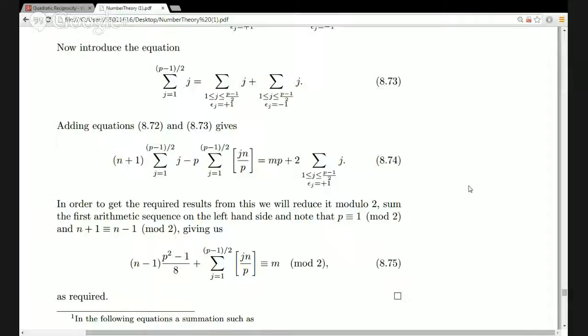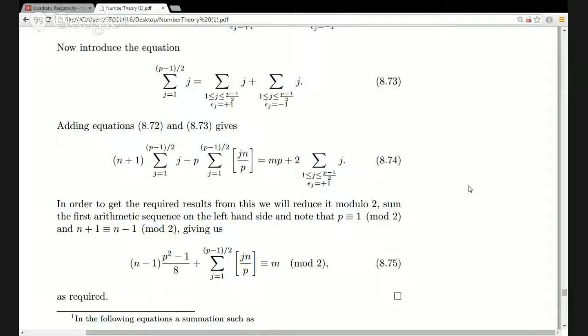Okay. That amounts to p squared minus 1 over 8. And for some reason I've gone from n plus 1 to n minus 1. I think that's just to get it to agree with the formula. Of course, n plus 1 and n minus 1 are congruent to one another modulo 2, because they differ by 2.